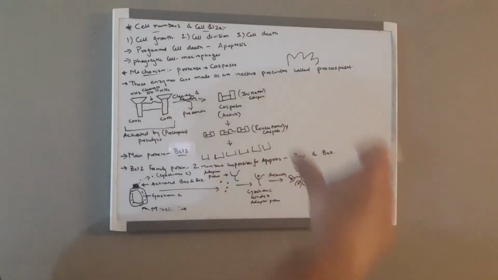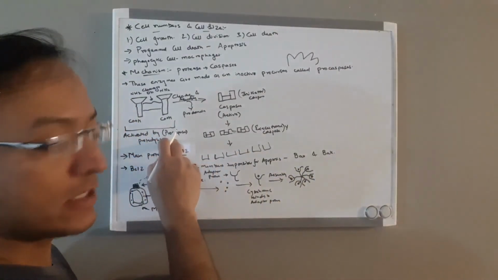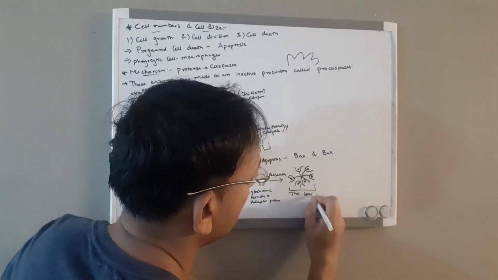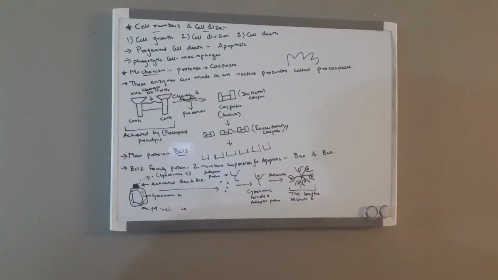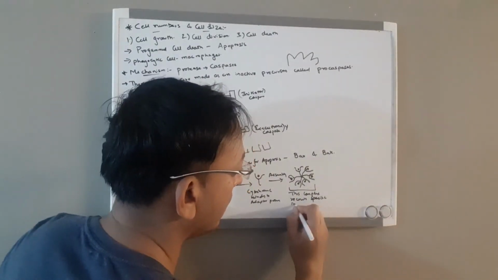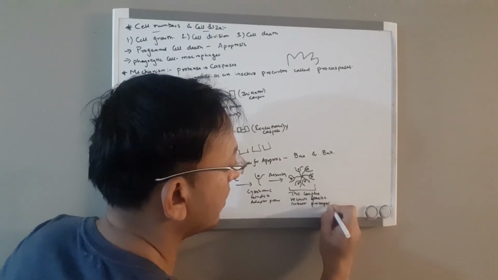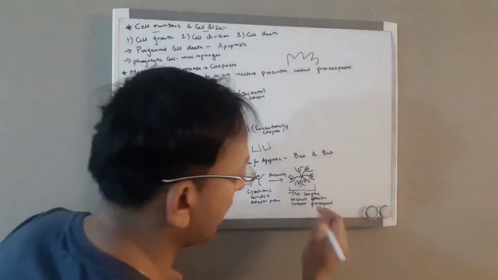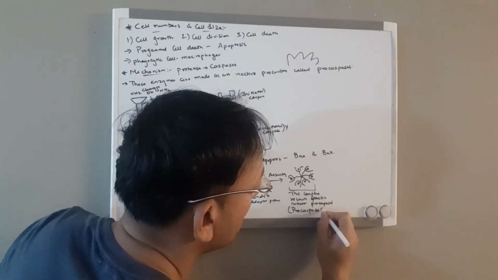This complex then recruits 7 molecules of a specific initiator procaspase, specifically procaspase 9.